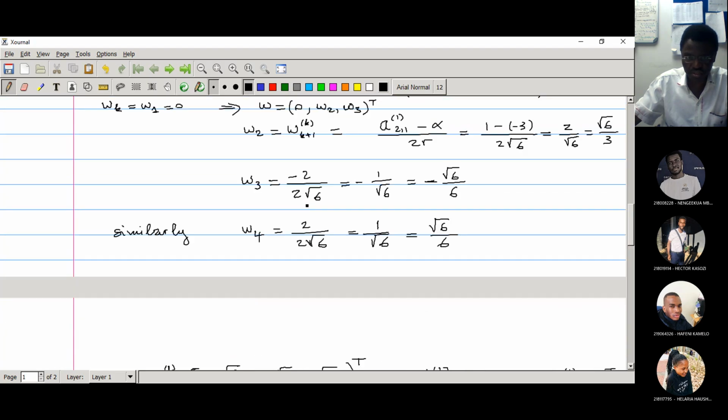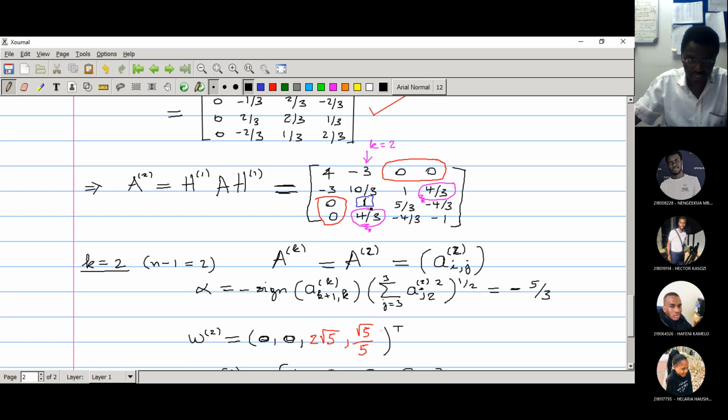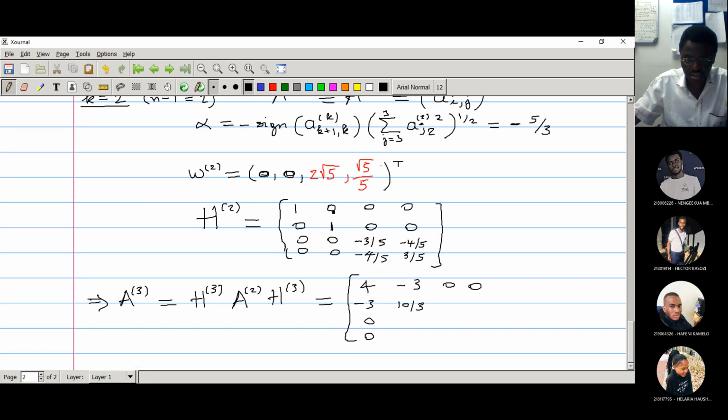The element on top is unchanged. The off diagonal from that position are also unchanged. And this is fixed. Okay, those are some of the remarks that are necessary to mention.